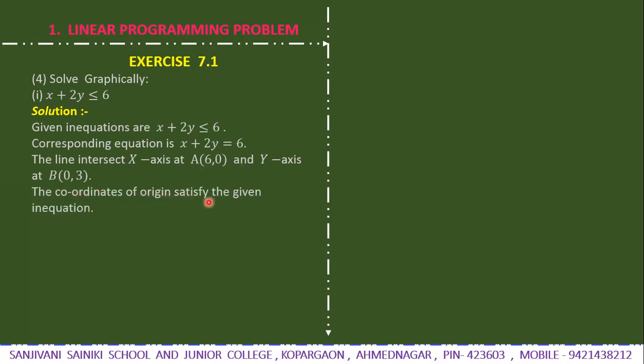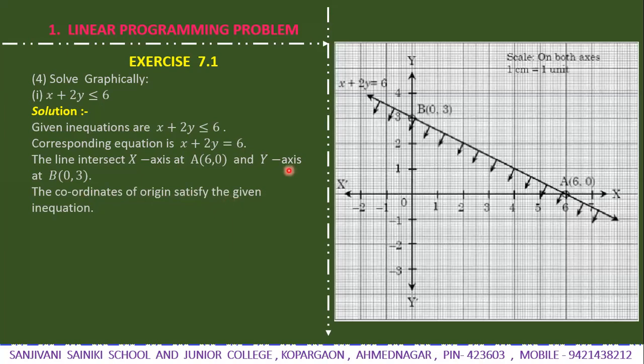The coordinates of the origin satisfy the given inequation. Okay, so just plot these two points A and B, then draw a line which passes through these two points. Then this line divides the xy-plane into two parts. One part contains the origin, another part does not contain the origin.